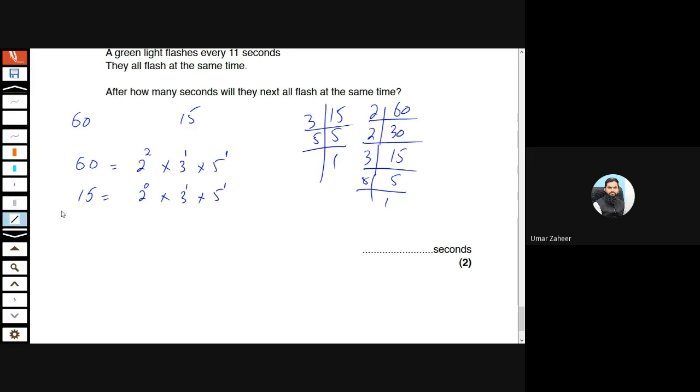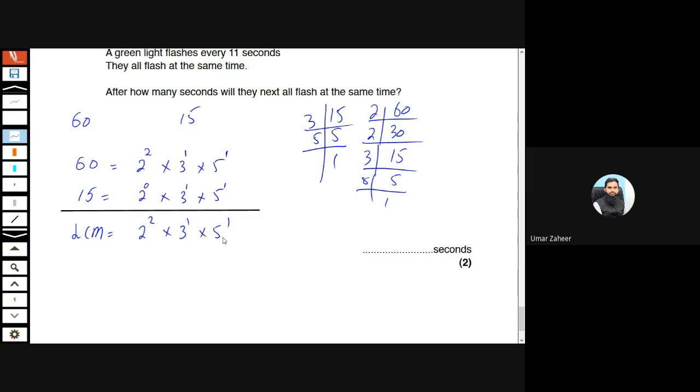Now tell me, when you are going to find the LCM, do you take the lowest power down or the highest power down? Highest power. The highest power is 2 raised to power 2, 3 raised to power 1, and 5 raised to power 1.